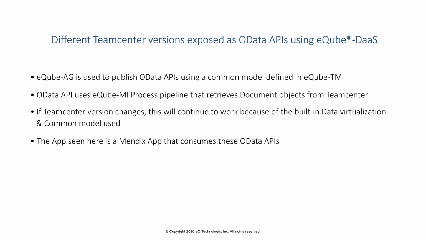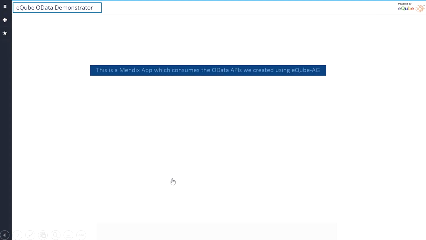API gateway is used to publish the OData APIs. These APIs are connecting to the MI processing pipeline as well as the TM maps. Even if the Team Center version changes, the same neutral model, the JSON model, survives, and you can create this app. So what you will see now on the screen is that we're going to log into this Mendix app.